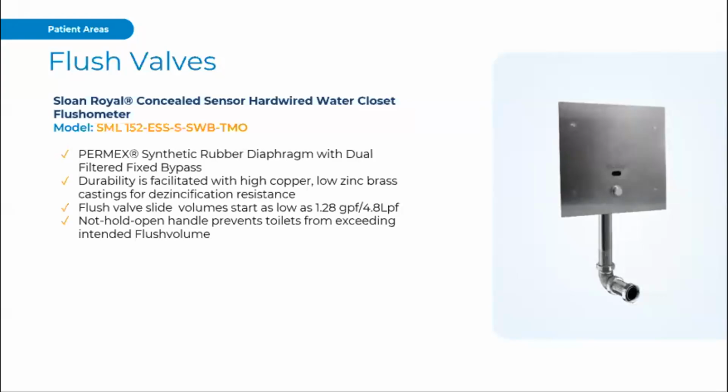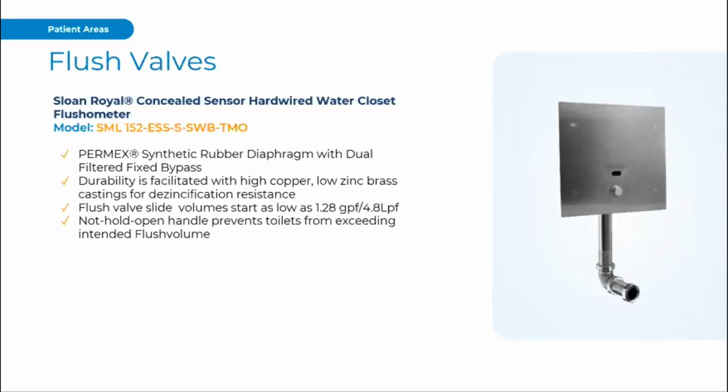So now that the products have been around for a few years, Sloan and other manufacturers do have your 1.1 gallon or 4.2 liter per flush available in a variety of installation types. So we can meet all of our basic formats: concealed, exposed, manual, hardwired, battery, with those ultra low flow options. However, I would still recommend trying to get to the 4.8 simply for the reliability of the scour.